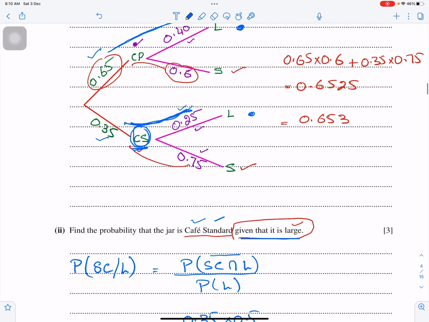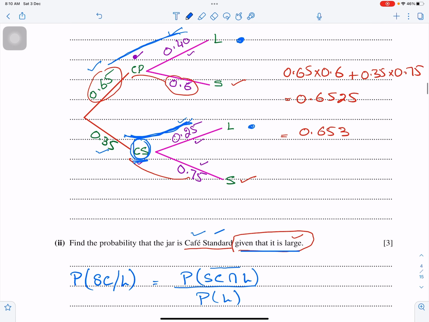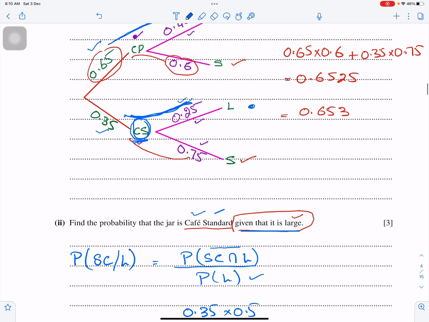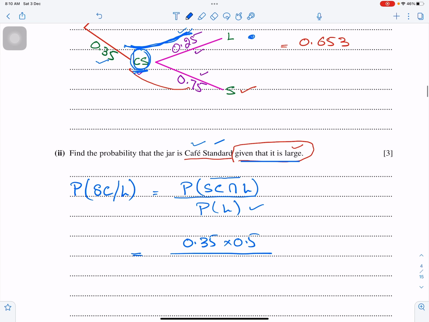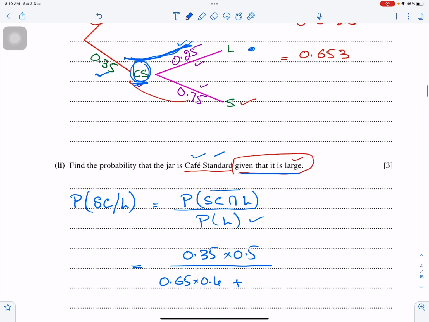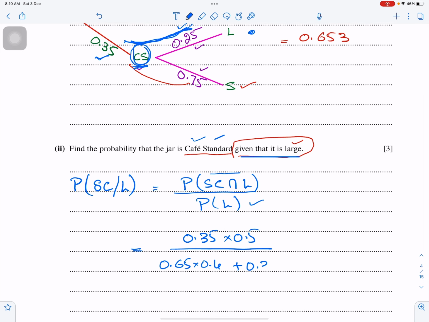Let me write this first and then I will tell you the other way also. Because in the denominator I have to write down the probability of large. So 0.65 into 0.4 plus 0.35 into 0.25. Right, and you can calculate it.